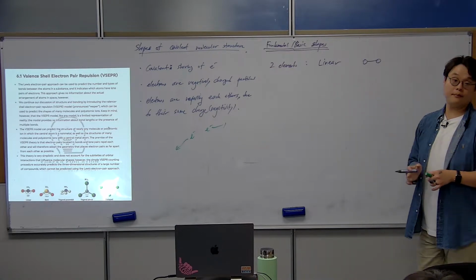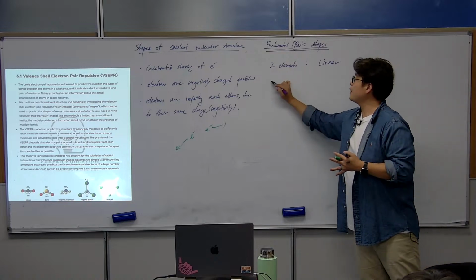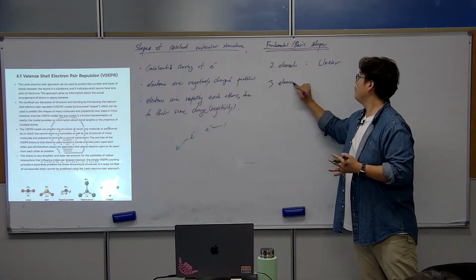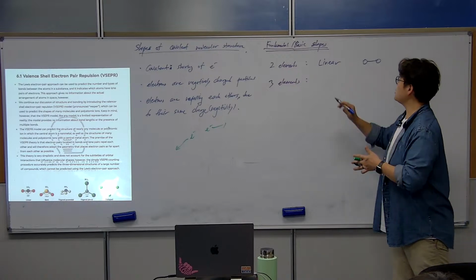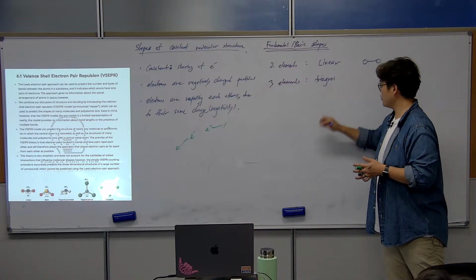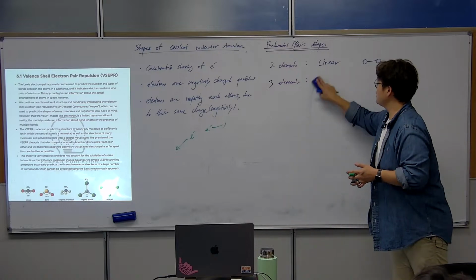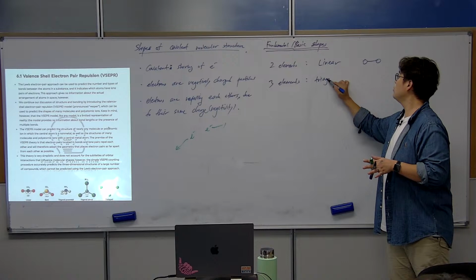That's linear, there's nothing more. If I have three, it comes in the trigonal, trigonal planar. Trigonal, spelling, it's a triangle. Tri means three.